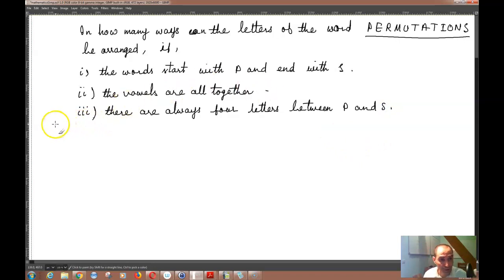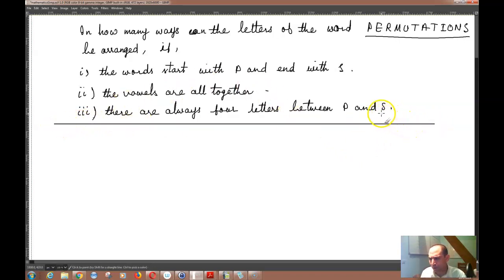Now to solve this problem, in how many ways can the letters of the word permutations be arranged if the words start with P and end with S? Okay, so the word permutations has 12 letters.